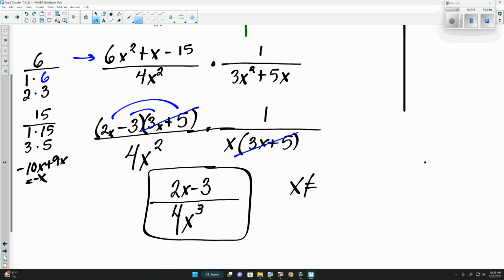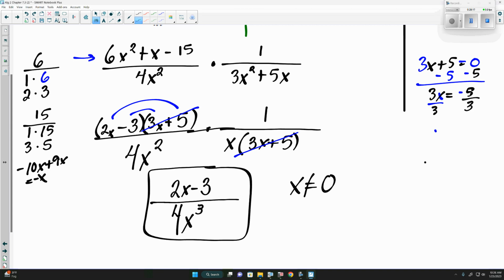If we are to list the restrictions, one of the restrictions would be 0, because the x squared and x that we have in the denominators, even though it's x squared, it's still 0. If we square 0, we still have 0. And the other one's going to be the 3x plus 5. We can subtract 5 from both sides, telling us that 3x is equal to negative 5.